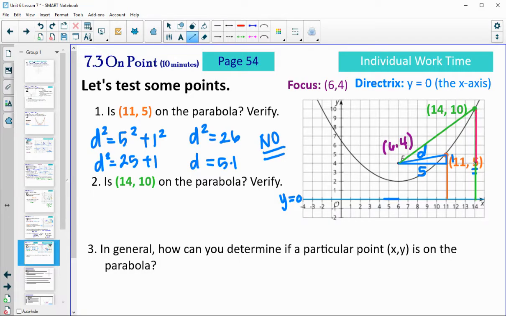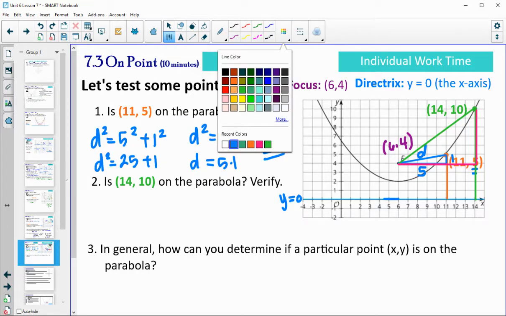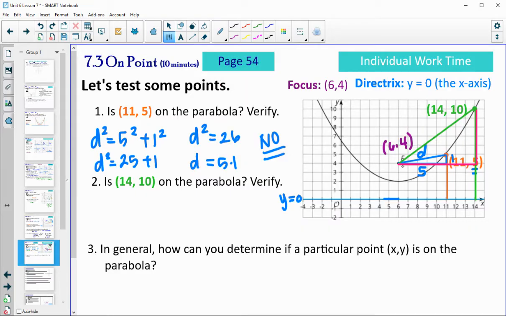So let's draw a right triangle connecting to the focus. Figure out the lengths there. So the width from 6 to 14, so subtract the x's and you get 8. The height, subtract the y's, so 10 minus 4 and you get 6. So here's that triangle, since it's kind of hard to see over there, but we've got a width of 8 and a height of 6. So now we're calculating that distance.